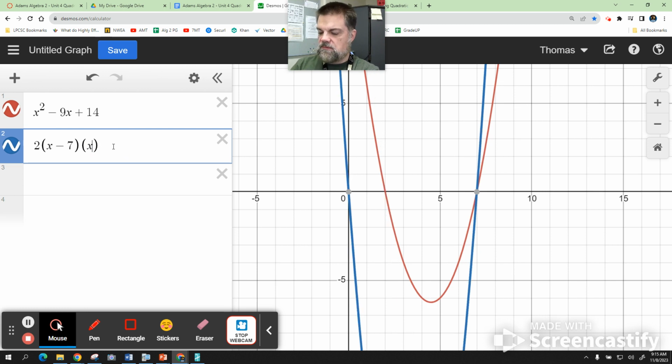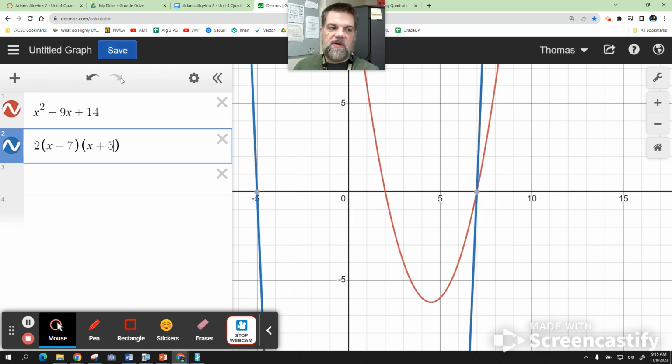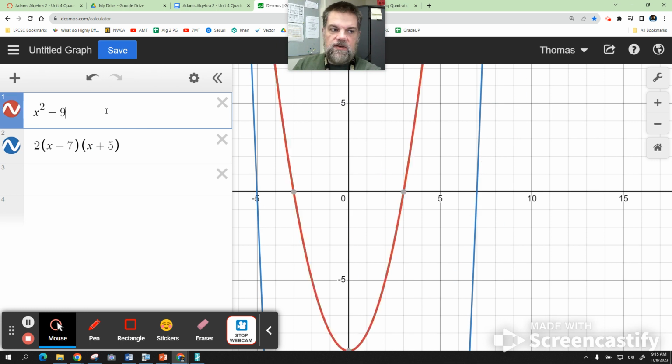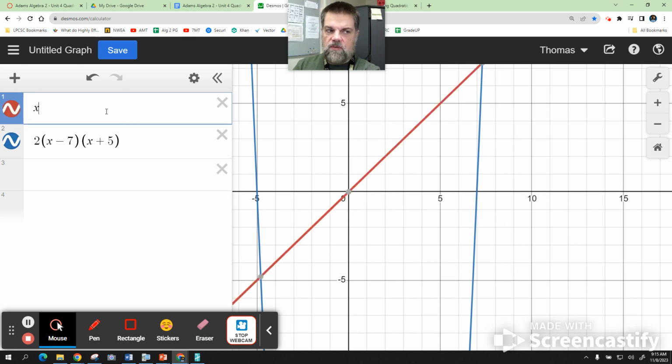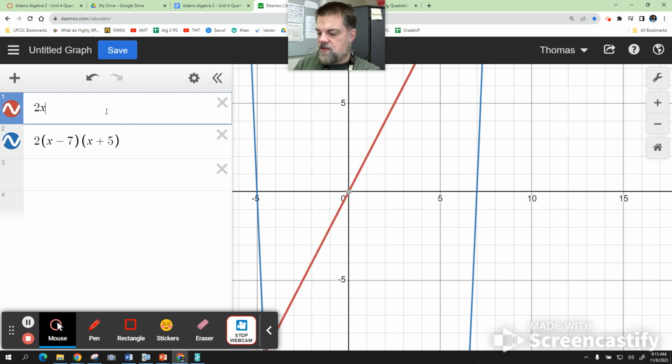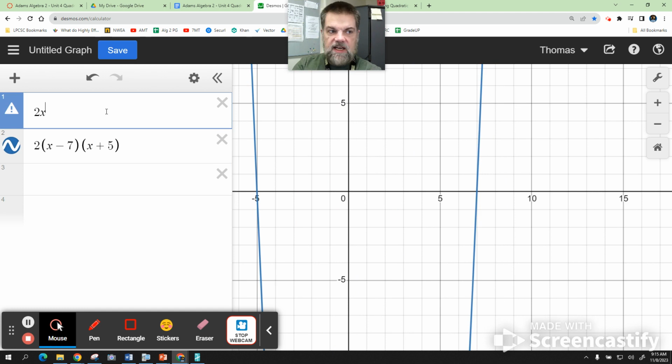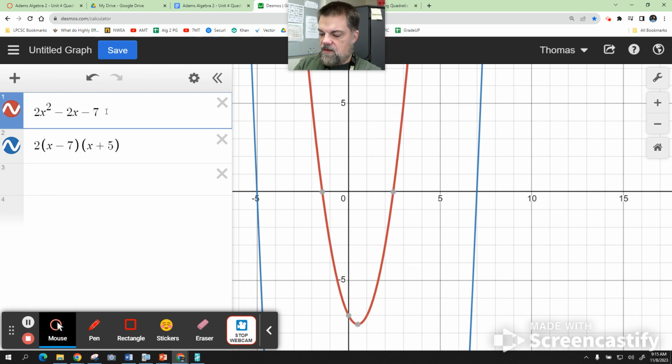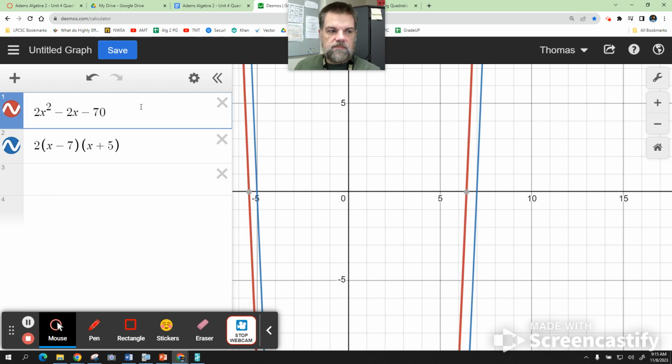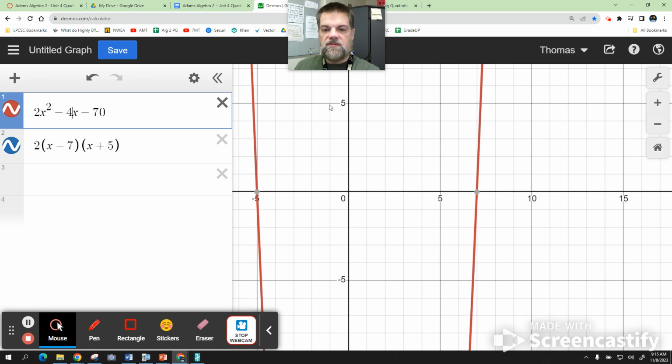Yes. I mean, it doesn't matter if we have them in a different order, but I think that's how we had it. And then the original equation was 2x, but it was actually 2x squared, minus 2x minus 70, right? It was 4x. Oh, 4x. That explains why it doesn't match up perfectly.